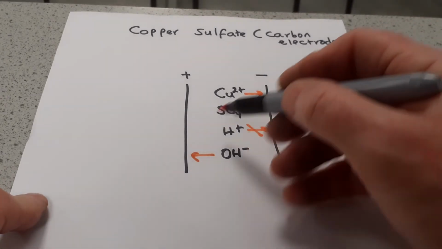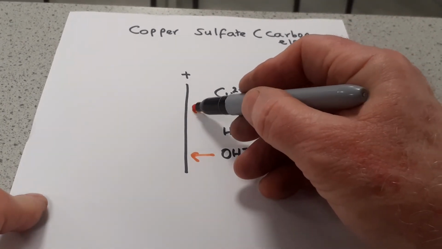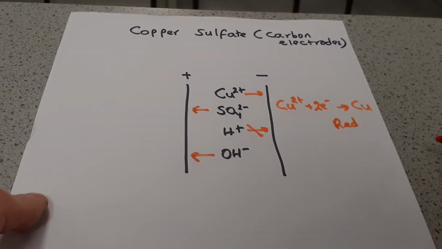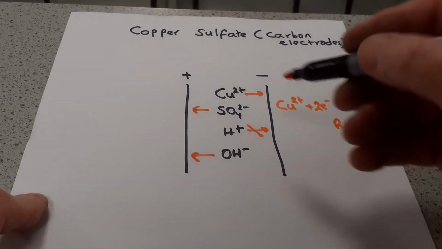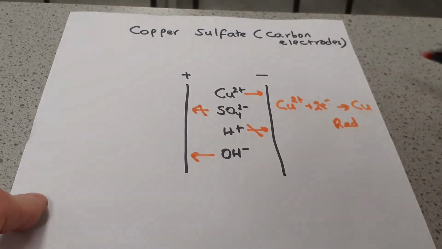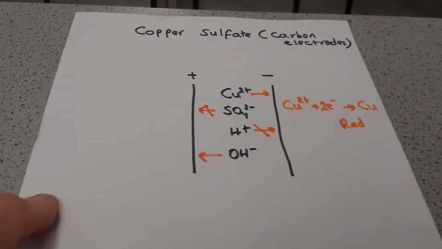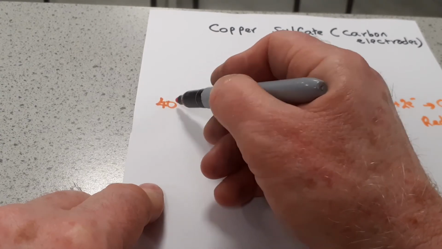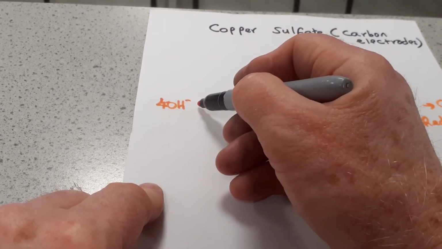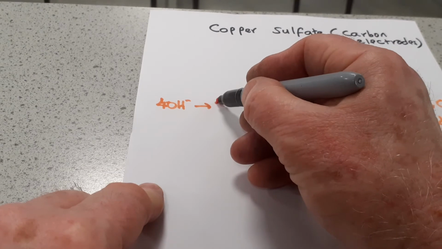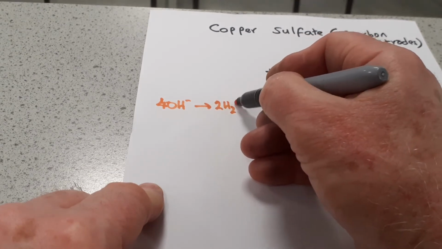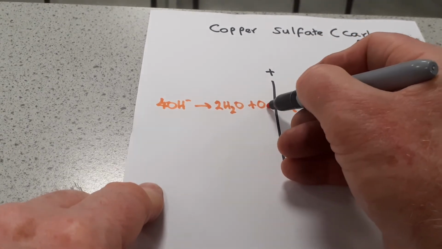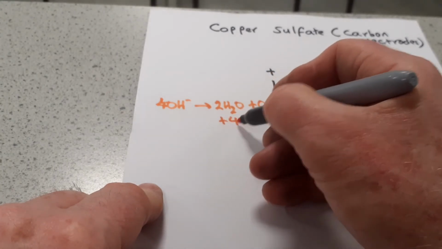At the anode, hydroxide and sulfate both move towards the anode, and as we know, hydroxide is released. The equation for the release of hydroxide, if you remember, is 4OH- goes to 2H2O plus O2 and 4 electrons.